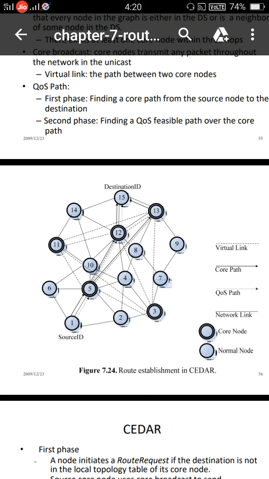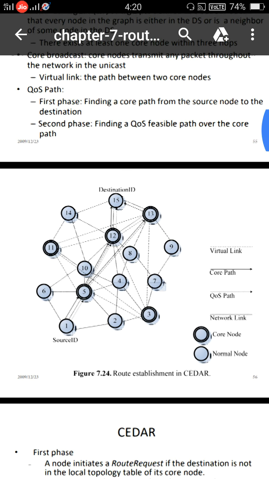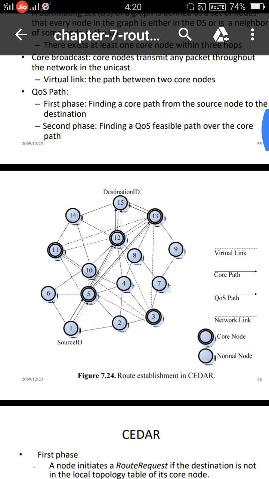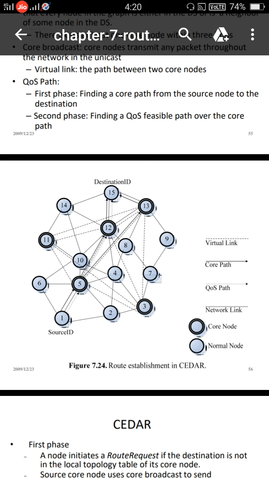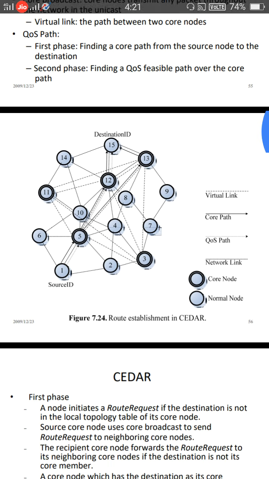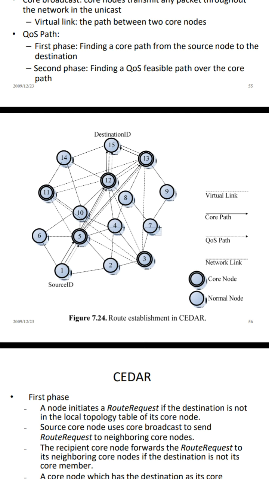The first path is finding the core node path from the source node to the destination, that is, the path between the source node and the corresponding core node. The second path is finding the quality of service feasible path over the core nodes, from core node to core node to the destination node. This is the second path.